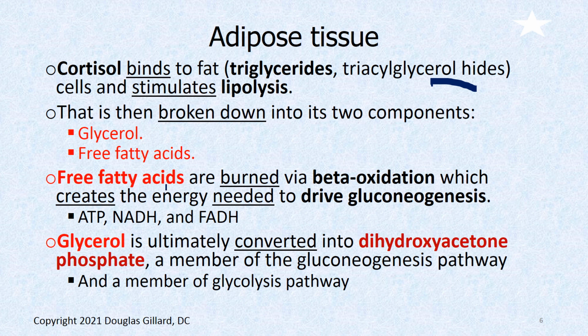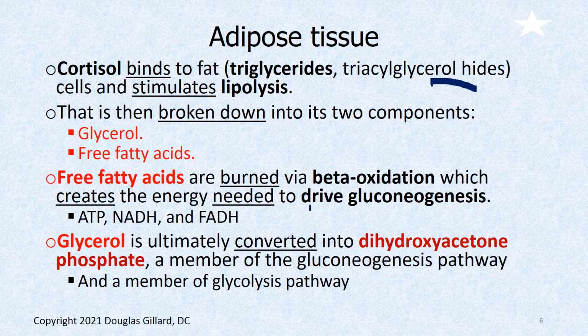These free fatty acids can't be turned into glucose, there's no way to turn these into glucose. However, these free fatty acids are absolutely crucial for the process of gluconeogenesis because they're burned. Two units are chopped off the fatty acid tail, and each turn of some enzymes in a process called beta oxidation.